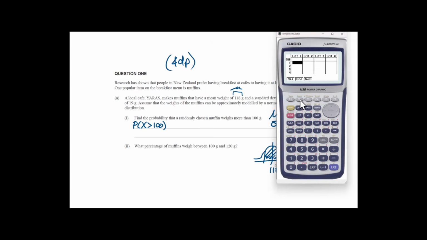Let's put in what we're looking for. The lower end is 100 grams. The upper end, let's just put in something crazy like 300 grams. The standard deviation they give us is 19 grams, and the mean is 118 grams.